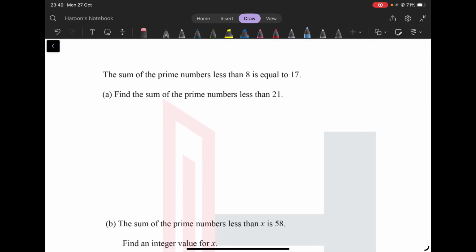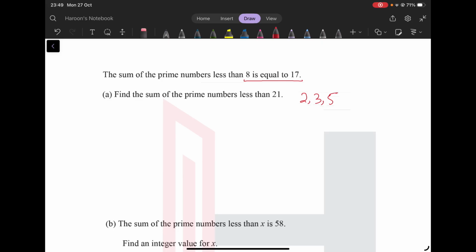Okay, next question. The sum of prime numbers less than 8 is equal to 17. I'll just write all my prime numbers which are less than 8. So for example, 2 is a prime number, 3, 4 no, 5 yes, 6 no, 7 yes.